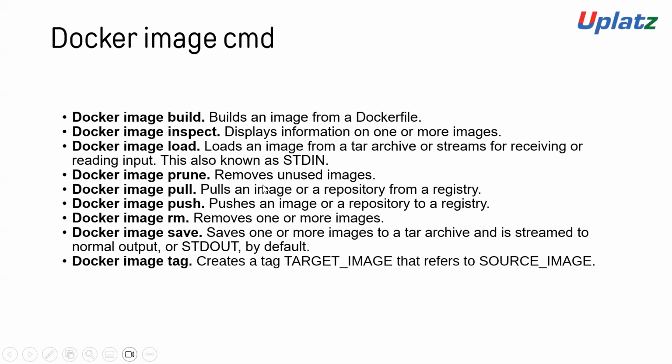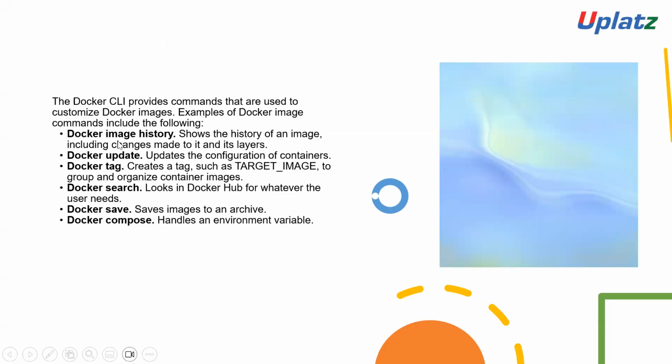Push: let's say you already tagged your images on the local machine and you want to push them to the registry, you use your username slash your tagged image name. Save: if you want to save one or more images to an archive file, you can do that. Docker image history also shows the history of the image, similar to inspect.